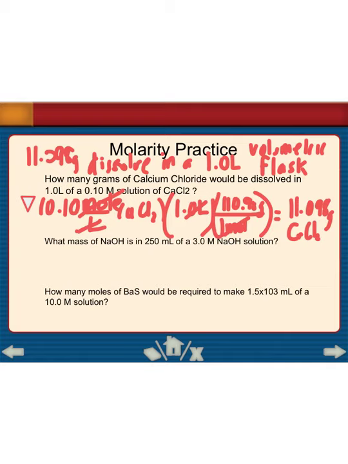In the next one, it says, what mass of sodium hydroxide is in 250 mL of a 3.0 molar sodium hydroxide solution? So we have 3.0, and please write out moles per liter, times 0.250 liters. So the liters will cancel, we'll have moles.